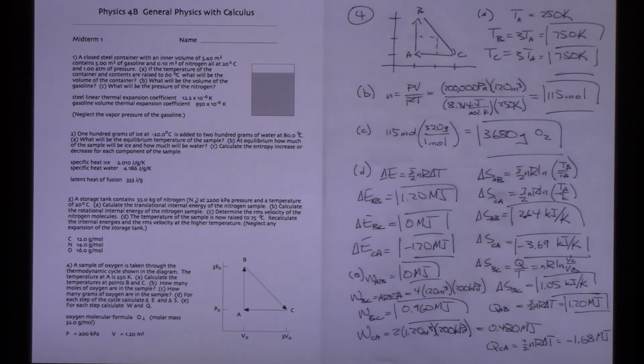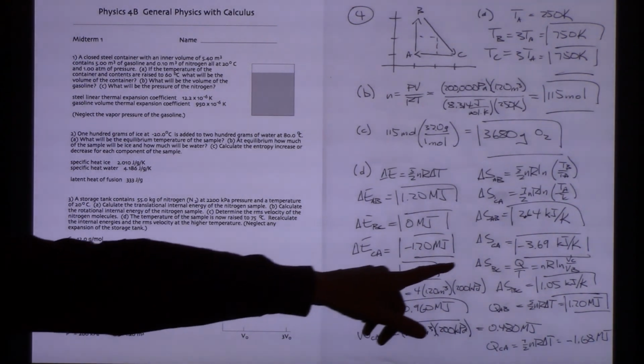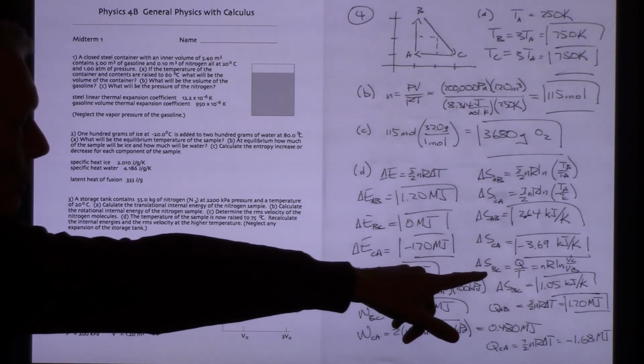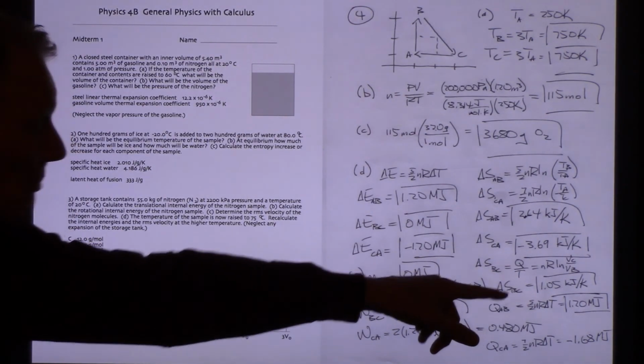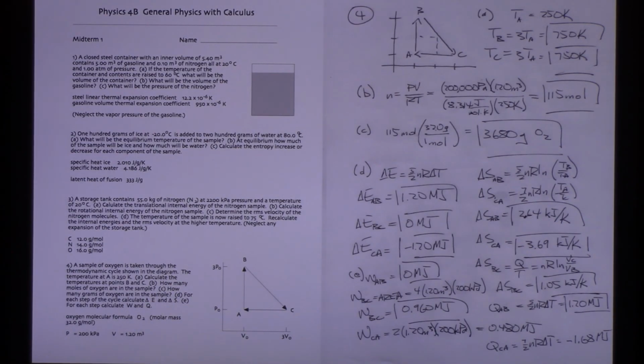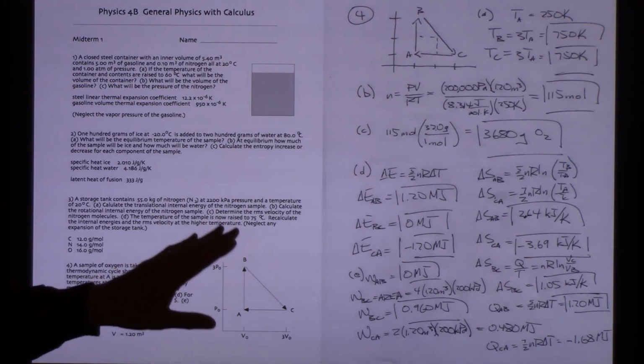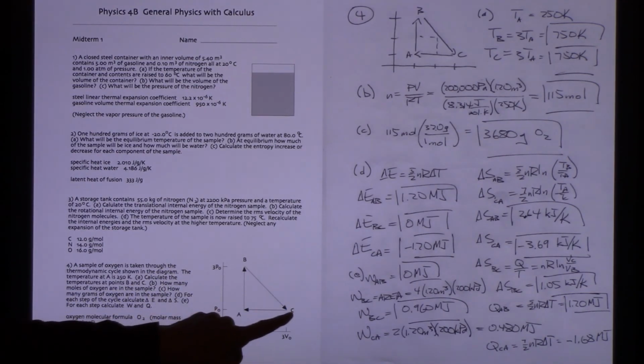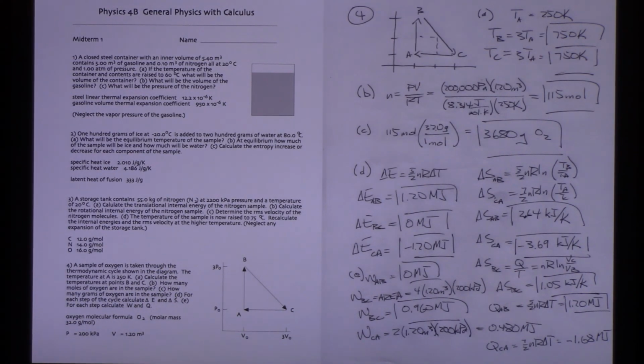Now, for B to C, how are we going to work the entropy here? Because entropy, I could think of it as Q over T, but the T's not constant along that path. So what we could do is, and we used this very same trick in lecture when we took a look at a very similar problem in chapter 20, an example in lecture, where we said, look, it doesn't matter how I get from B to C, whichever path I take is going to give me the same answer.